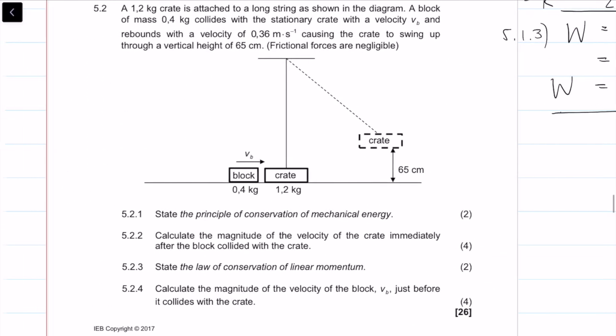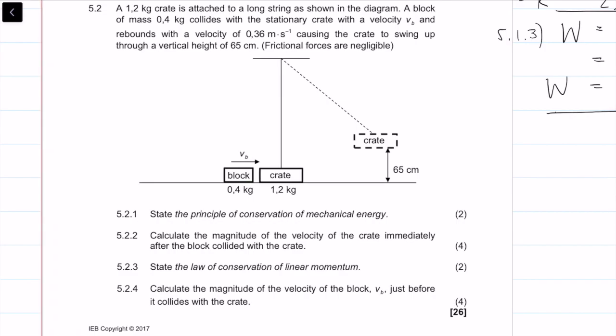Okay, so question 5.2. Okay, so let's get into it. A 1.2 kilogram crate is attached to a long string as shown in the diagram. A block of mass 0.4 kilograms collides with a stationary crate. Okay, so V of the crate here is 0 because we've been given that it's stationary, with a velocity VB, which is shown, and rebounds with a velocity of 0.36.